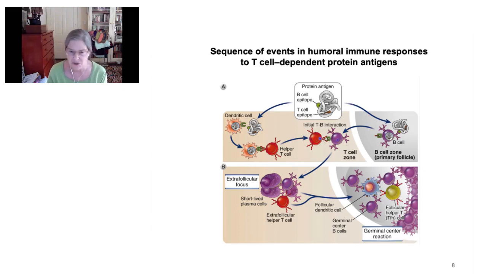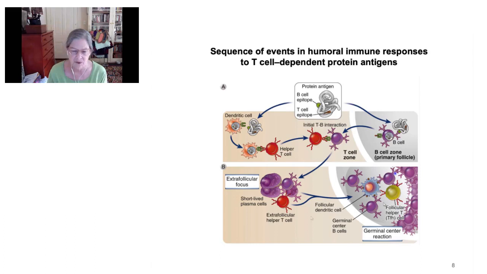So between those two things, the B cell will become activated enough to create what's called short-lived plasmablasts in what's called an extrafollicular focus, because it's outside of the follicle. So you'll get a burst of IgM production by these short-lived plasmablasts, and again, this T cell that was a helper T cell is going to differentiate further into an extrafollicular T helper cell that is going to be turning into a TFH cell, or a follicular T helper cell.